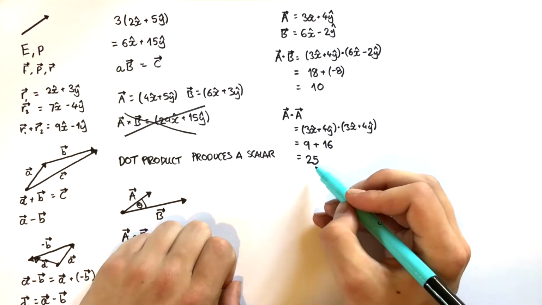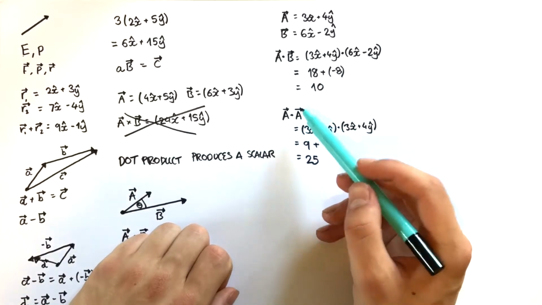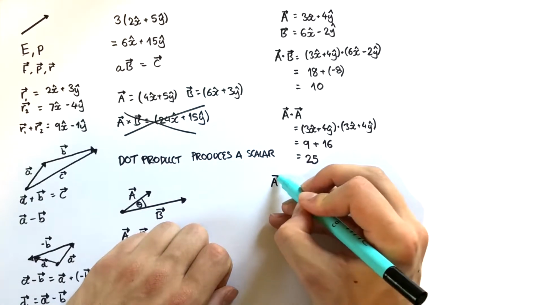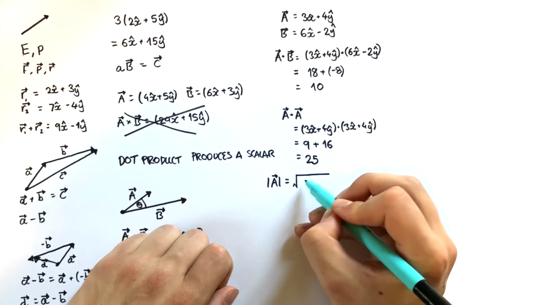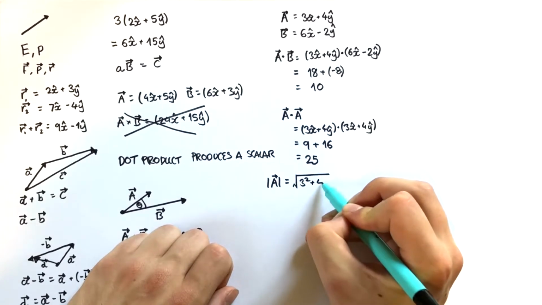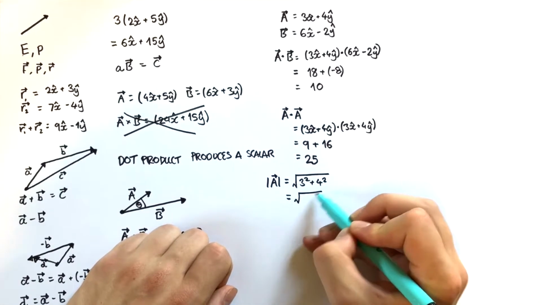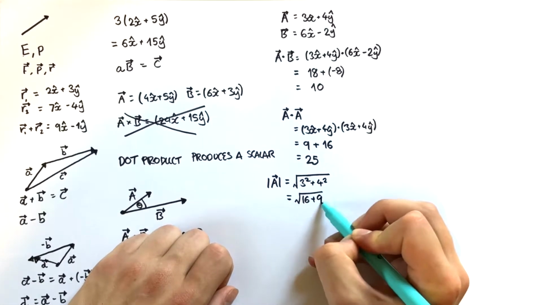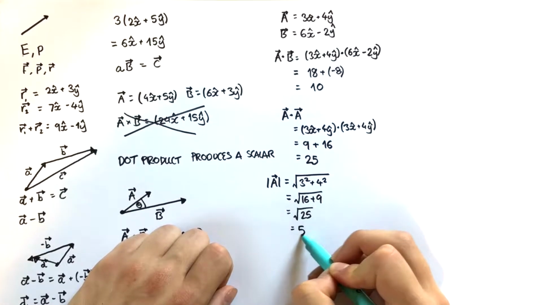But of course, that is just the square of the magnitude of the vector A itself. If we work out the magnitude of A, we simply get that it is the square root of 3 squared plus 4 squared. This is quite a well-known Pythagorean triple right here, which is of course the square root of 16 plus 9, which is the square root of 25, which is 5.